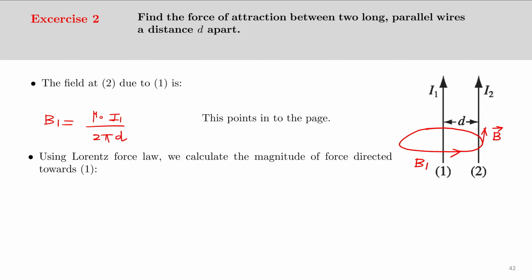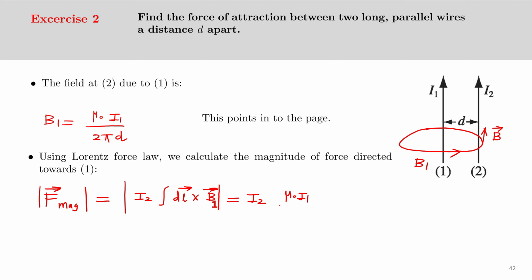Using the Lorentz force law, we can now calculate the magnitude of force directed towards conductor 1. So that is F, force due to magnetic field. This is equal to modulus I2 then integral dl cross B, and this is equal to I2 times mu 0 I1 divided by 2 pi d integral dl.